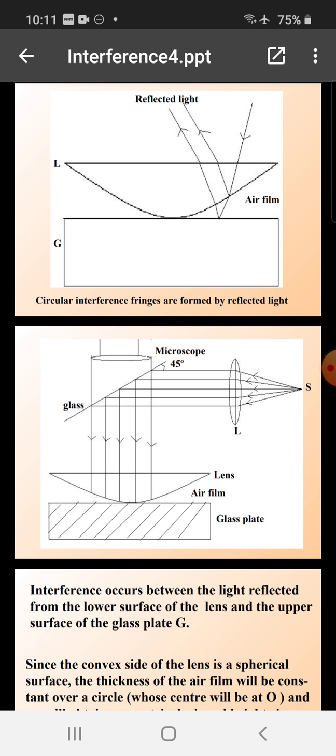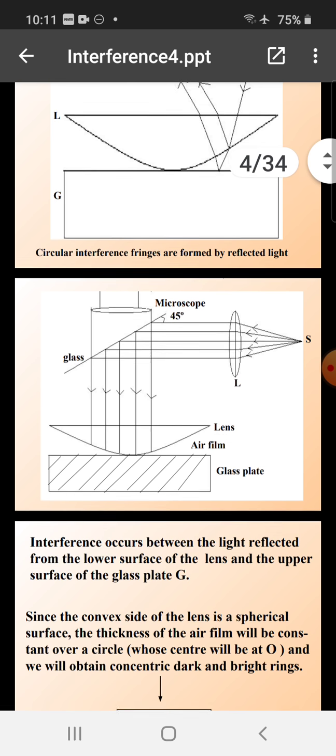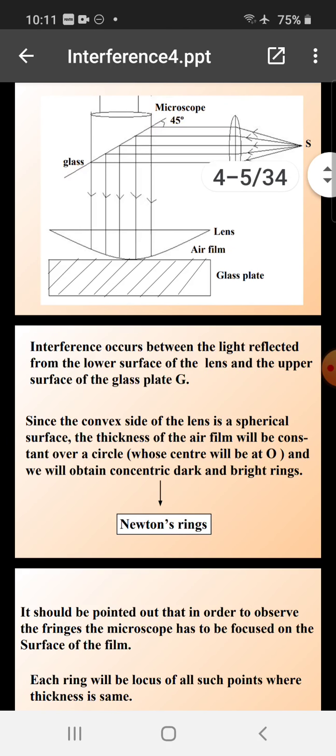The light when it falls on the glass plate gets reflected onto the plano-convex lens such that at the point of contact of the glass plate and the plano-convex lens, interference fringes are obtained.